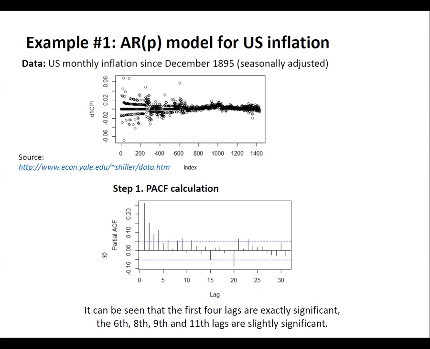Here it gives us such a result. This is the value of the partial autocorrelation function at the 5% significance level. And this is PACF with the corresponding order.